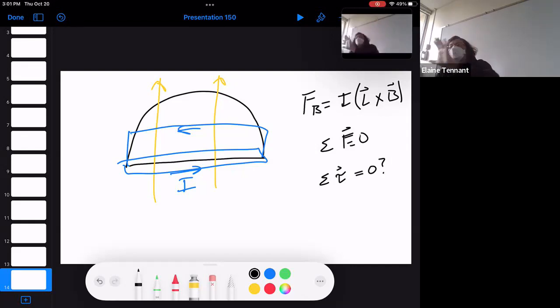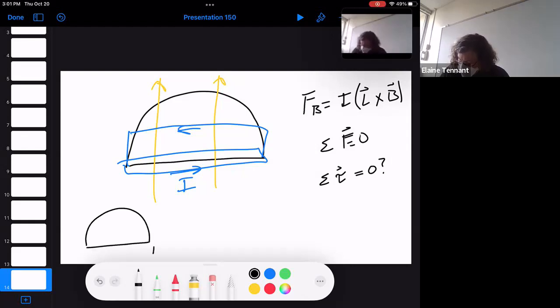Meaning that you don't expect it to slide, but you also don't expect it to spin. So this loop that has a force right here out of the page and has a force right there into the page, are you going to expect this thing to spin?